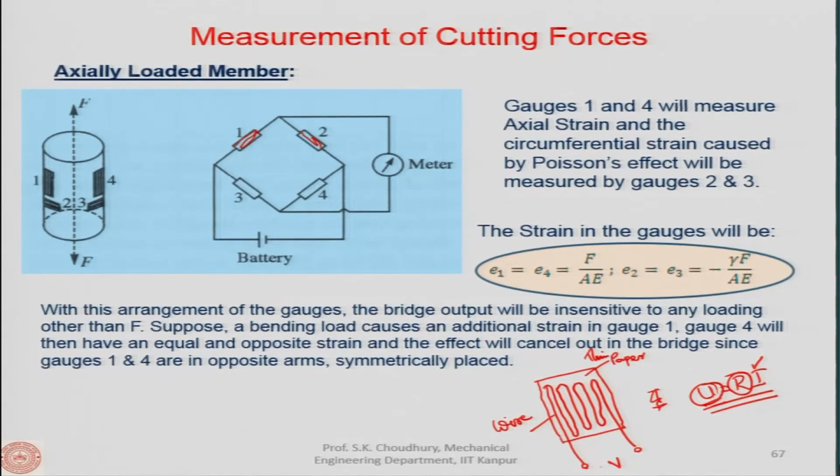Why is it thin? Because any small deformation should be sensed as a change in the resistance in this wire. But anywhere it is torn, you will not be able to find out, because this is glued to the paper and the entire paper is glued to the member. So, it is very difficult to find out if anything is damaged in the wire of the strain gauge.